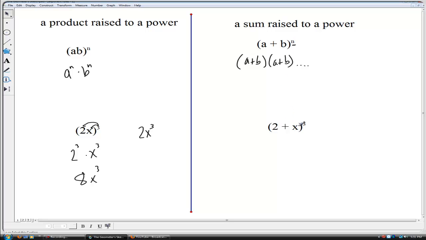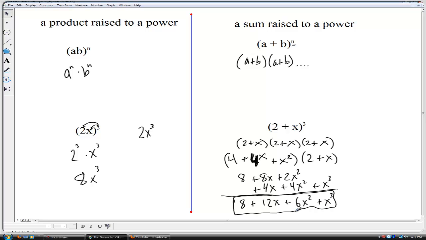So let's look at this as an example where we have a degree 3. We're raising 2 plus x to the third power. So if we expand this, we end up getting this product, which is certainly a more complicated and difficult process than applying this shortcut or this rule for a product raised to a power.